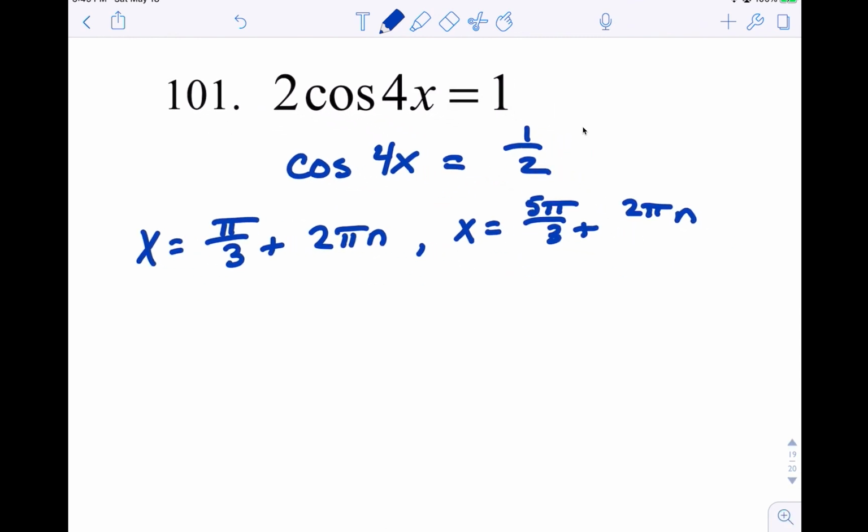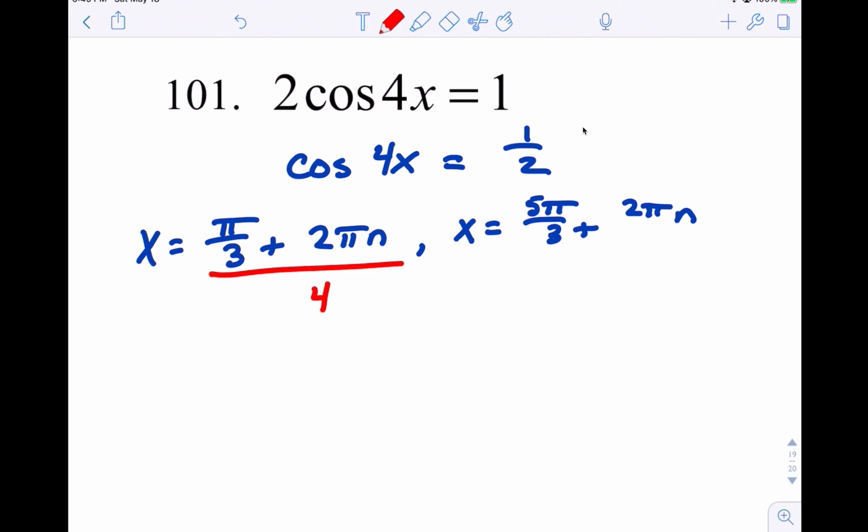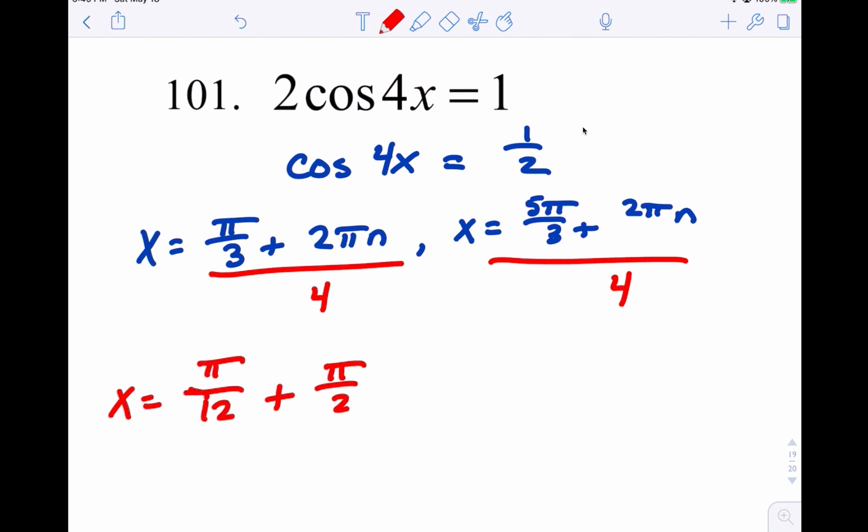Right? Now, because I'm doing cosine of 4x, I'm going to divide everything by 4. So now that's pi over 12 plus pi over 2 n, and then 5 pi over 12 plus pi over 2 n.